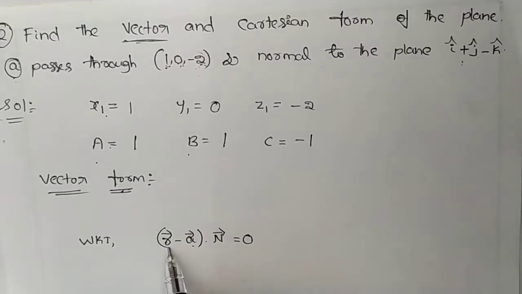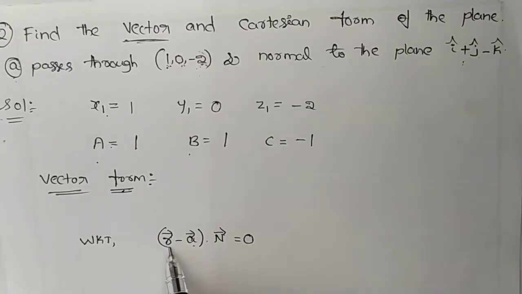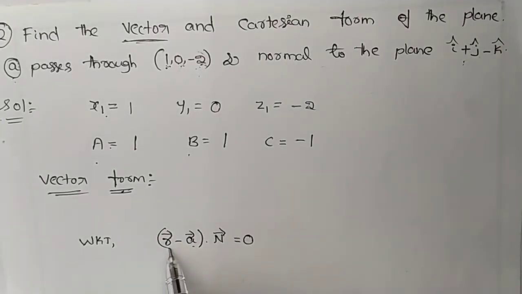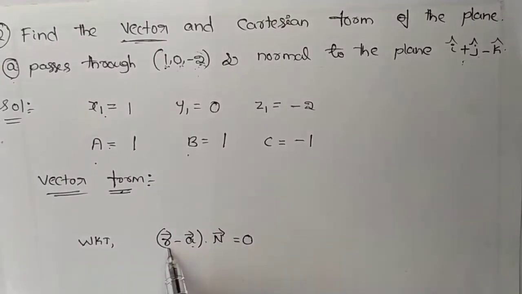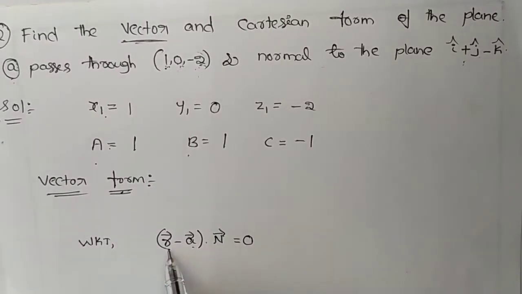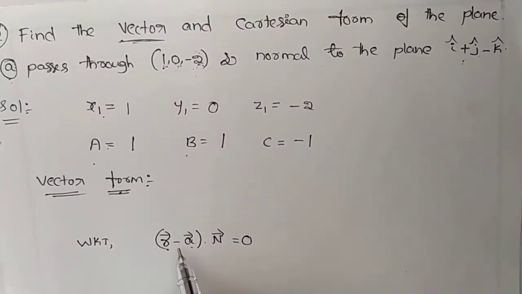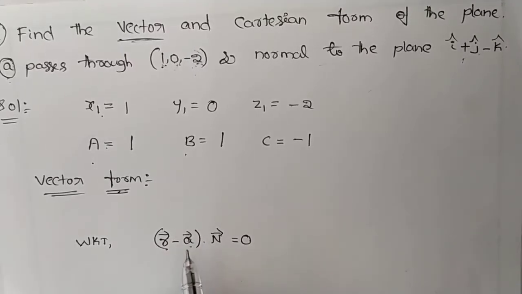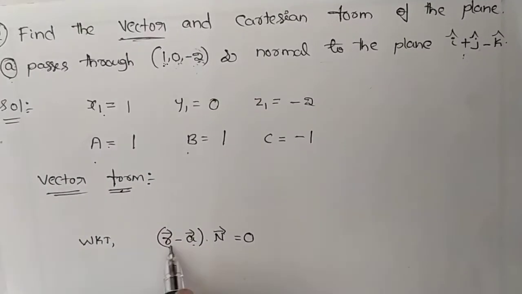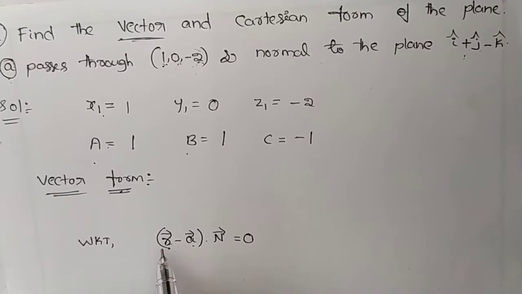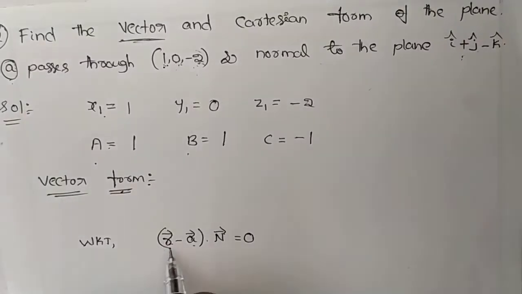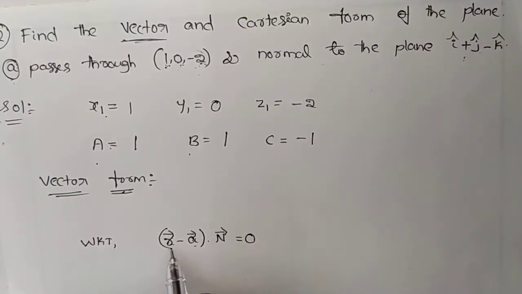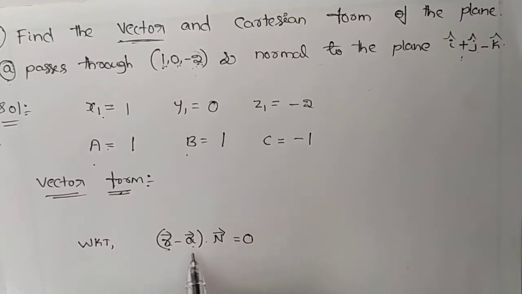The r vector is a position vector, and that point is on the plane. The r vector is nothing but xi plus yj plus zk.